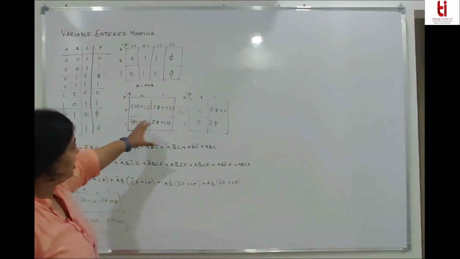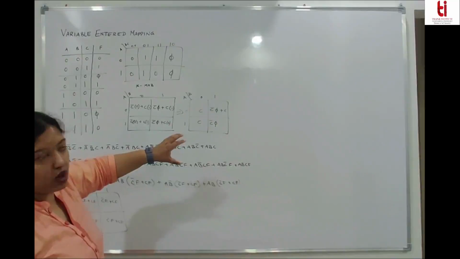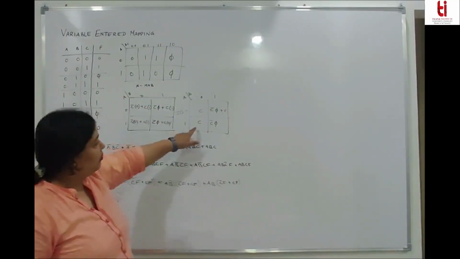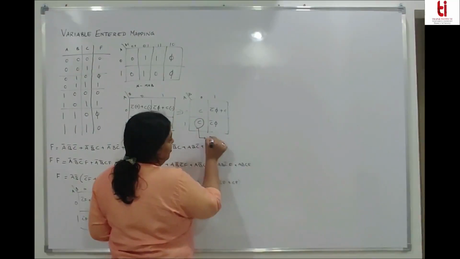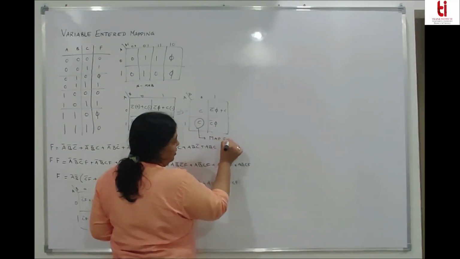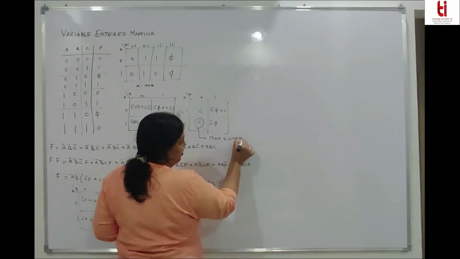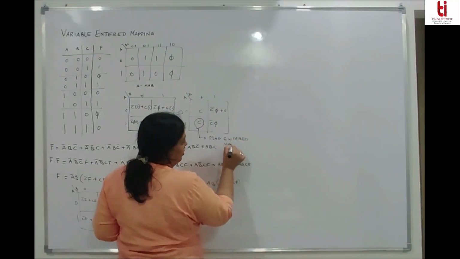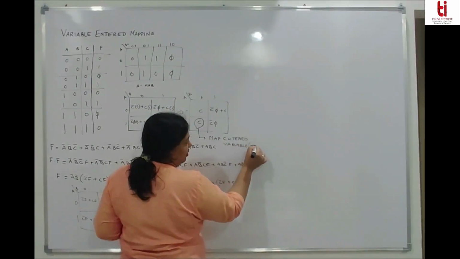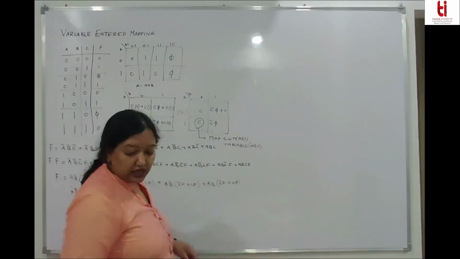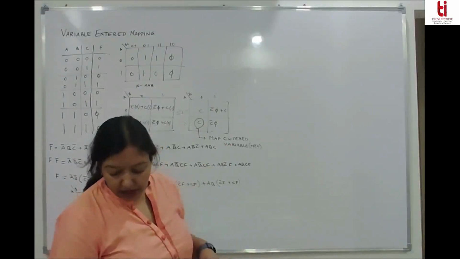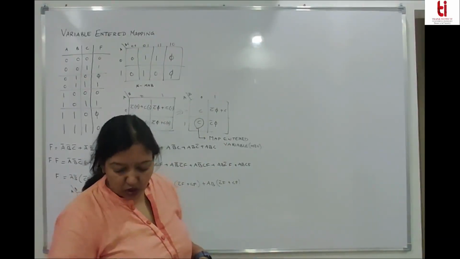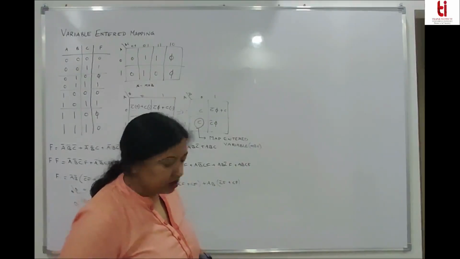So this plotting method is called VEM method, and this variable which is being plotted, it is called map entered variable, MEV. So there are certain rules which are to be followed for reducing this map entered variable. First we'll write all those rules.